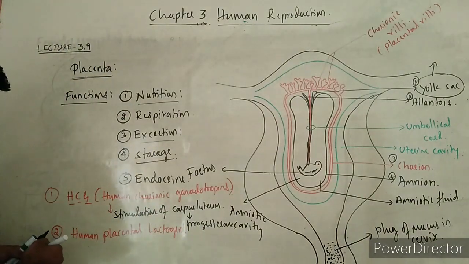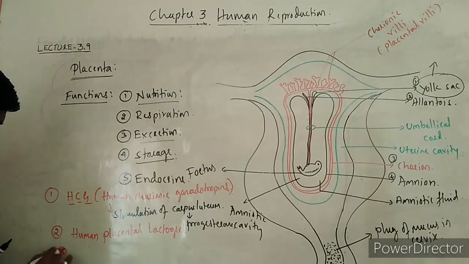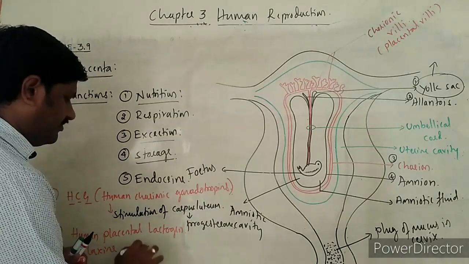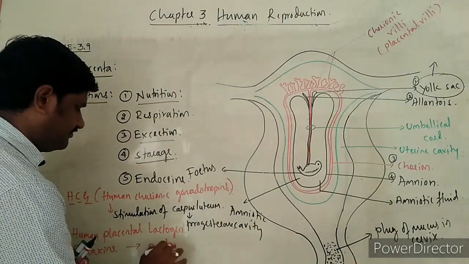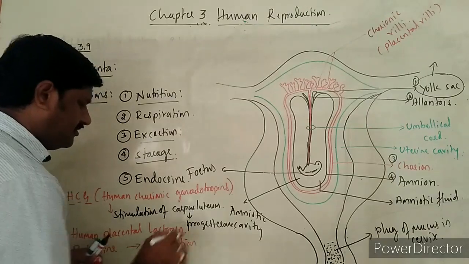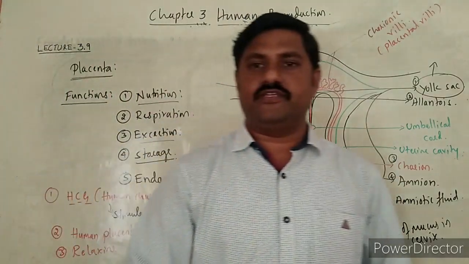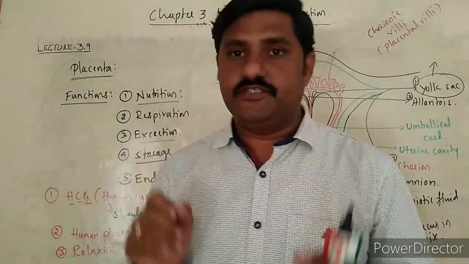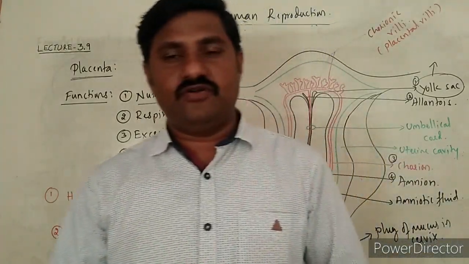And third one is relaxin. It helps in parturition. It facilitates parturition. So these are the three major hormones. Along with this one, estrogen is there, progesterone is there.